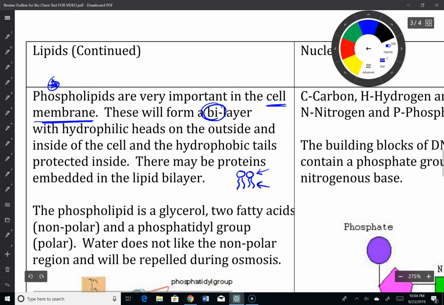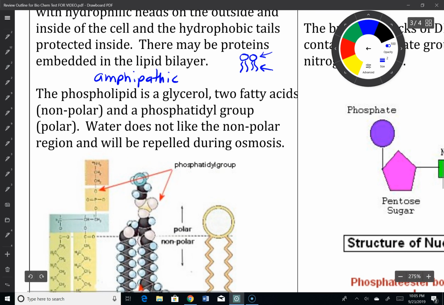These are the tails, which are hydrophobic. So because of that, they're called amphipathic, which means they have a polar end and a nonpolar end, or a hydrophobic end and a hydrophilic end. That becomes very important in the world of the cell membrane. Again, we'll talk about that a little while later.